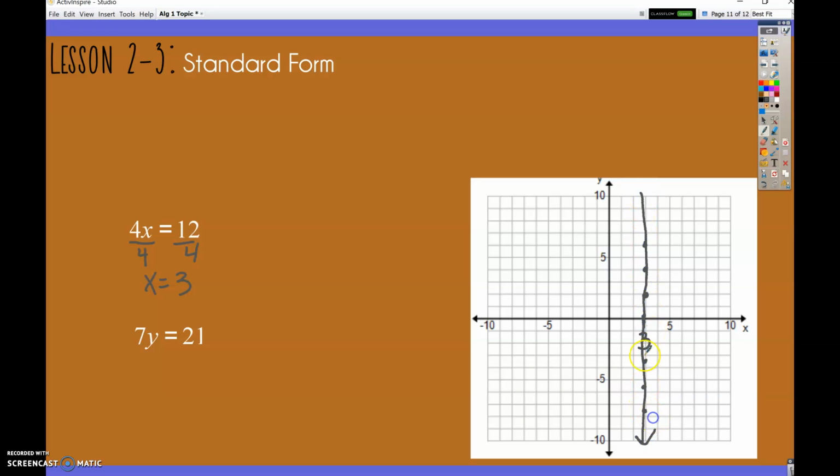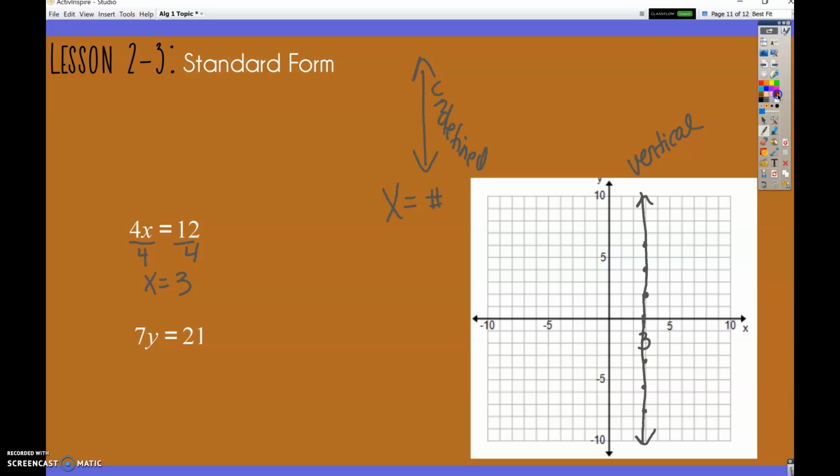So when I draw this line, it's called a vertical line. As we noted in the first video, in lesson 2-1, this slope that goes up and down is called undefined. So it's not a slope of 0, it's an undefined slope. Vertical lines will always have equations as x equals some number.